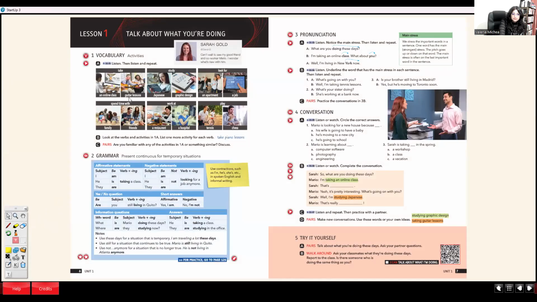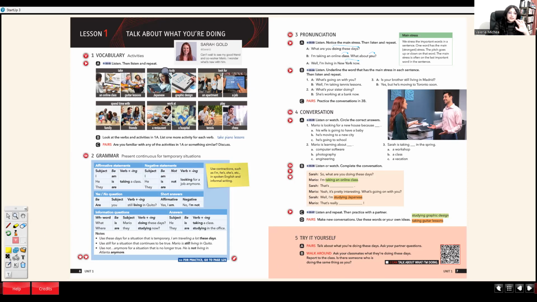Okay, so that's where we are going to start right now. As I told you, we always have a vocabulary section, then we have the grammar chart, then we always have a pronunciation section that sometimes, when it's too important, I talk about, and sometimes I skip, it depends. Then we have the conversation and the try it yourself, which is where you go and talk to your partners.